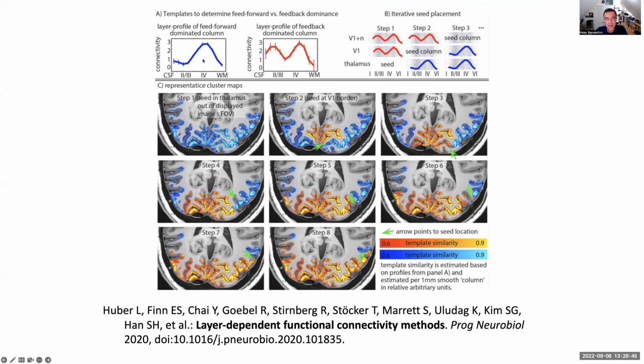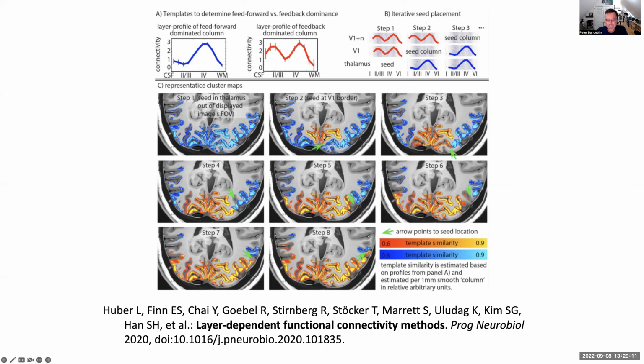So there was a middle layer input from the thalamus. And as we move the seed along the visual cortex, what's interesting is that all the areas that were more medial in the visual cortex, before we moved out in the cortical ribbon, all showed relative to that seed location this double hump.